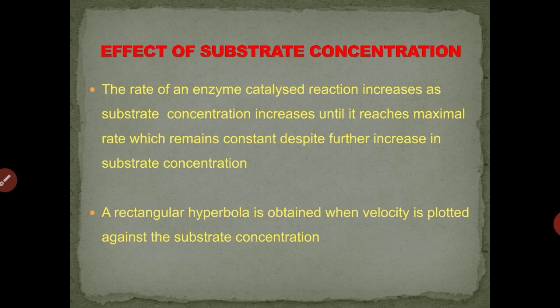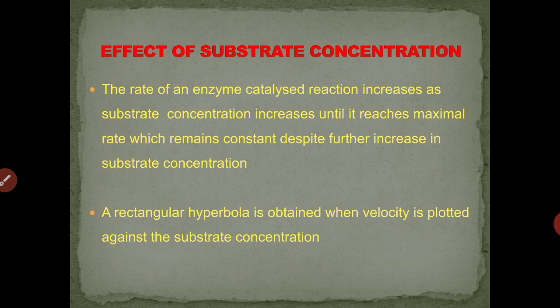Here the rate of the enzyme catalyzed reaction will increase as you increase the substrate concentration, and it increases until a certain point, or until the maximum velocity is reached. Further increase in the substrate concentration after the maximal velocity, there will be no change in the velocity observed.